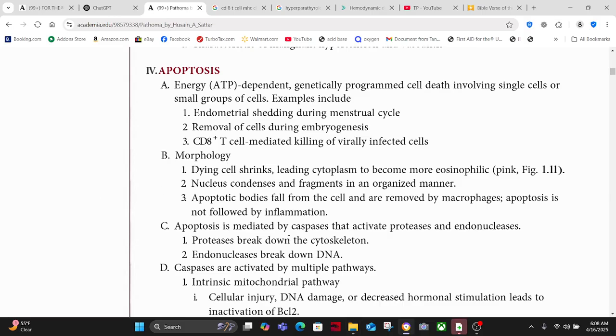Okay, so now what happens is the dying cell that apoptosis killed shrinks, leading the cytoplasm to become more eosinophilic. So the cytoplasm becomes very pink. I'll show you this.